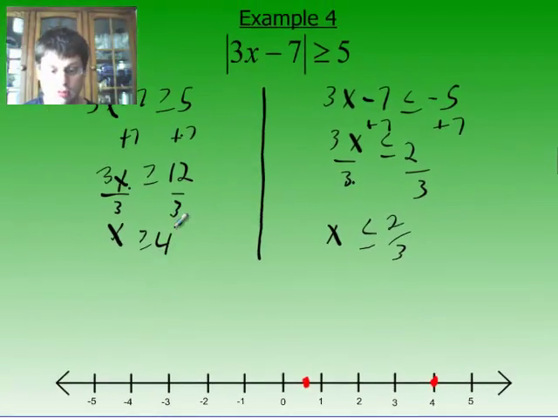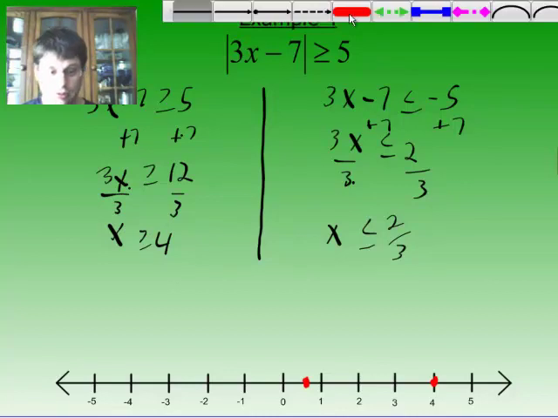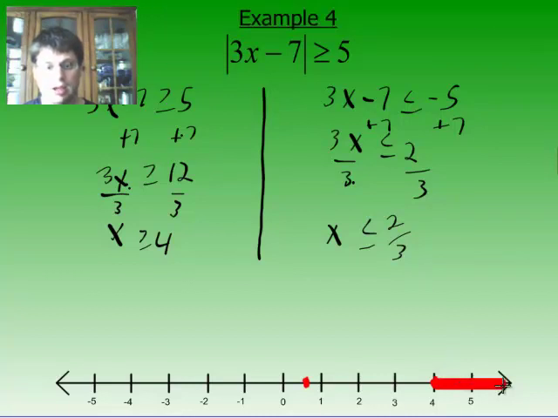Okay, so we have our points. Now let's think about what this is saying. This one is saying x is greater than or equal to 4. Well, greater than tells me that it's going to be the values that are going from here to here.